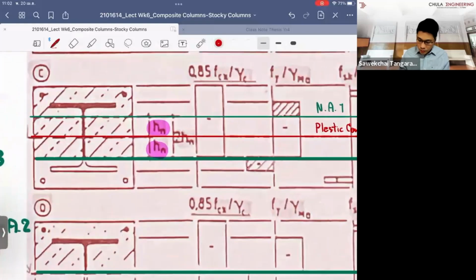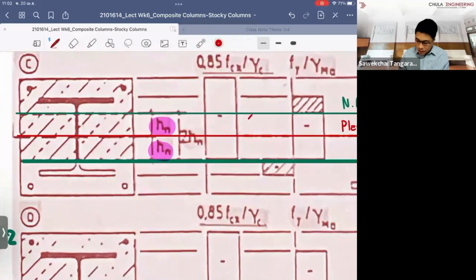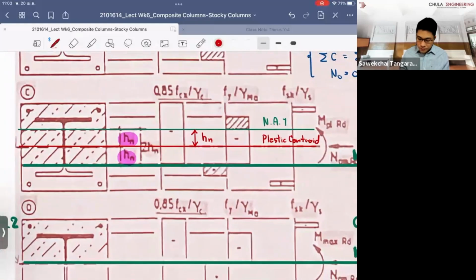So in this case, you will find the difference between these 2 levels, and we call it Hn, right?